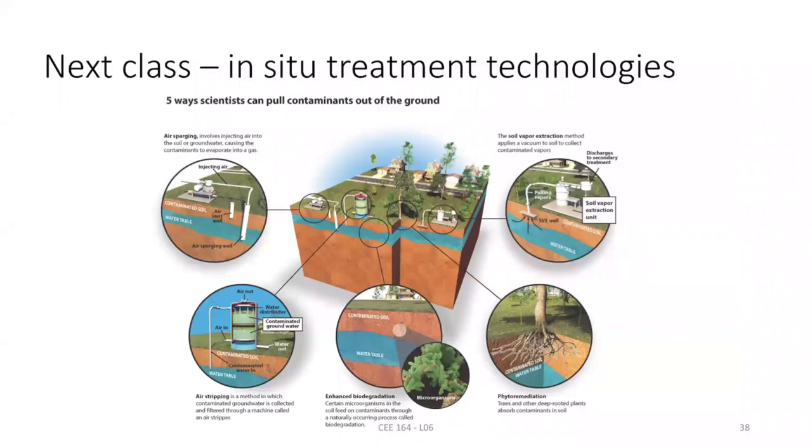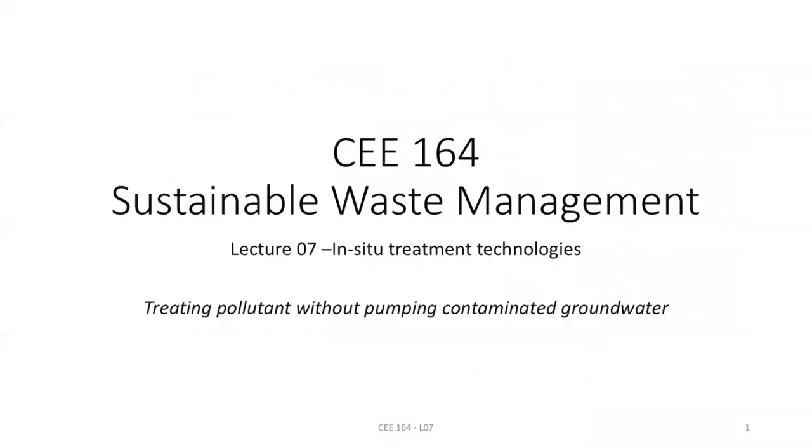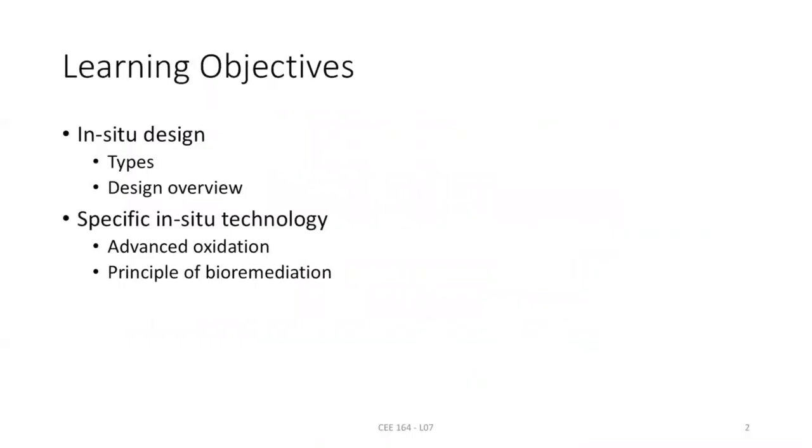Let me share a different slide. So, lecture 7, in situ. What we learned so far is ex situ, where we pump all the contaminated water and treat it outside the aquifer. Now we are going to learn mostly how you treat inside the system.